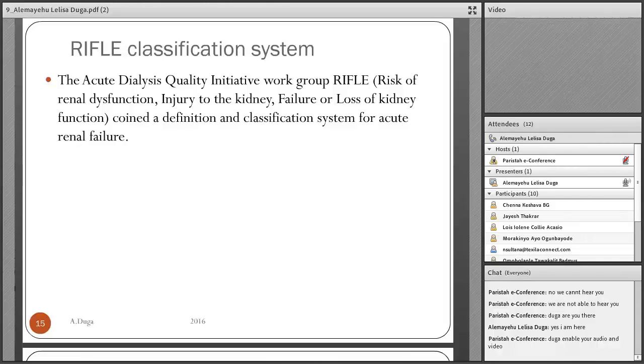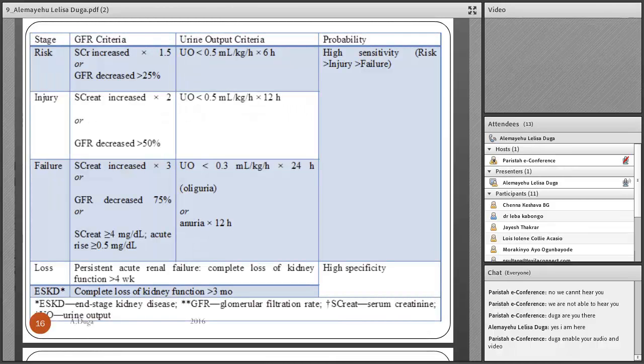The first one is called the RIFLE classification, that is risk of renal dysfunction, injury to kidney, failure, and loss of kidney function. So based on this classification, we have around 4 different stages. The first one is the risk stage.